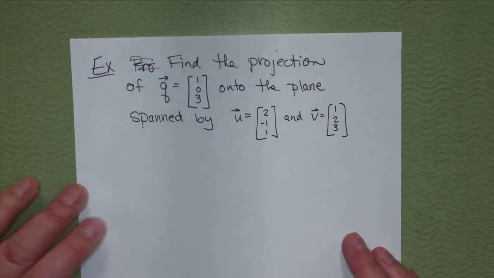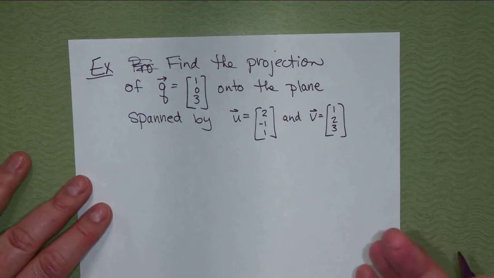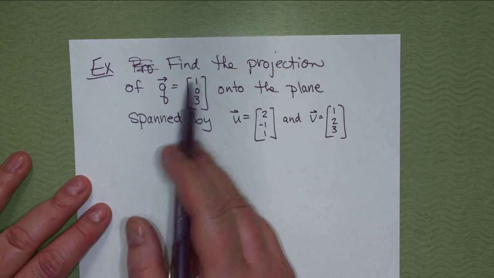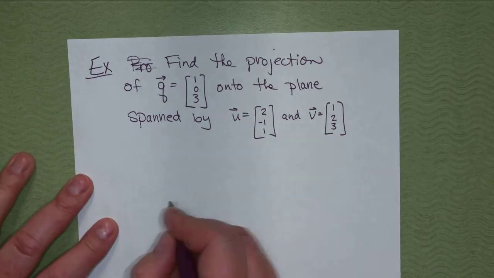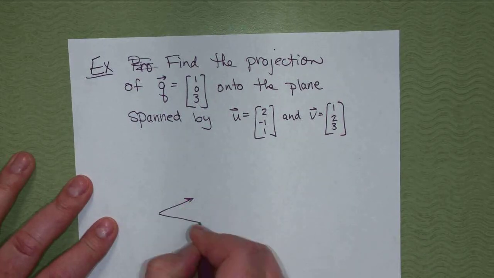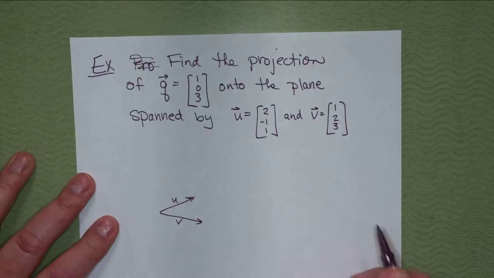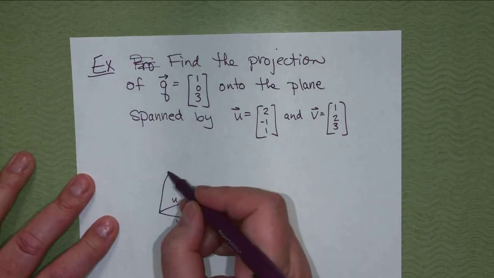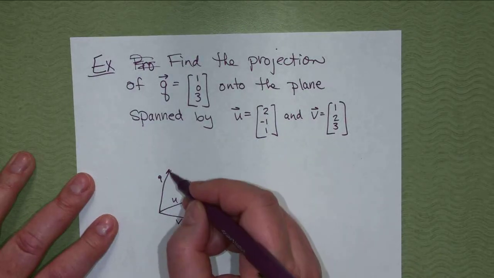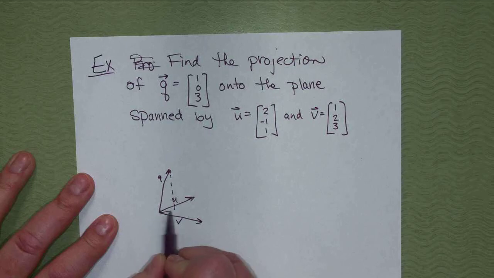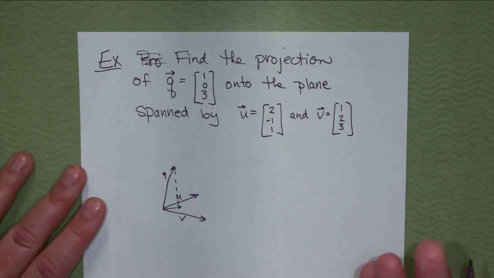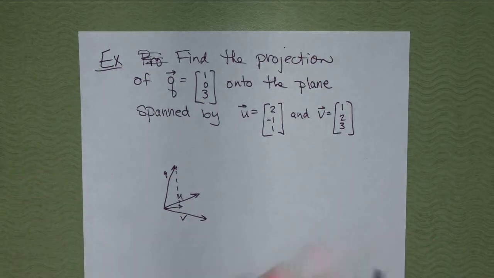So the plane isn't given in the other form, and we're just asked for a projection of this onto this plane. So our plane is here, and say we have this vector Q. We want to project that down somewhere in the span, which is just the whole plane of these two.